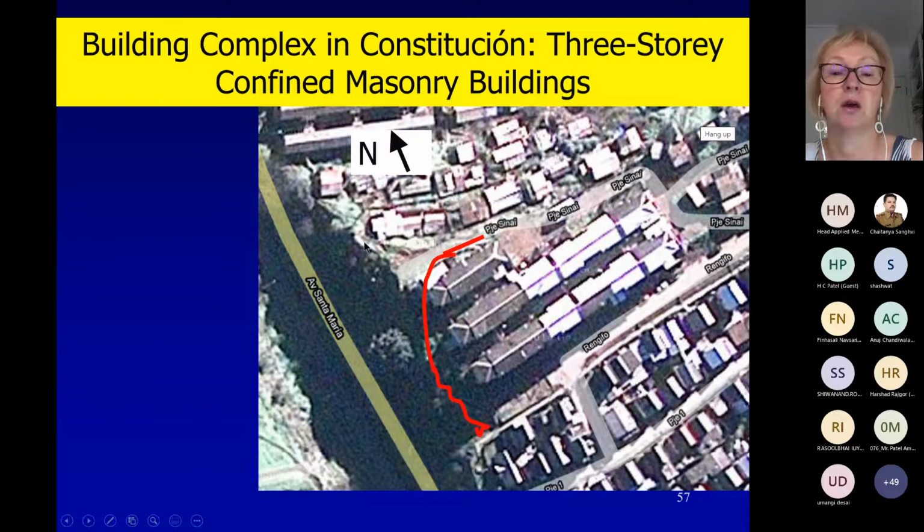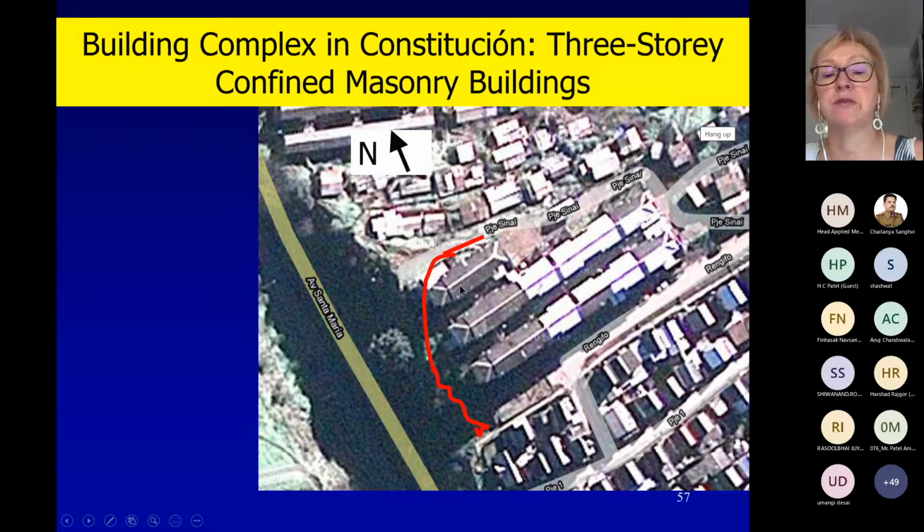This is Constitucion, the city which is intensity 9. It is a street, and then there is a slope. So these buildings are on the top of a small hill, and below that hill there was just sloped ground with some greenery. This is north, so the north direction, maybe not relevant.